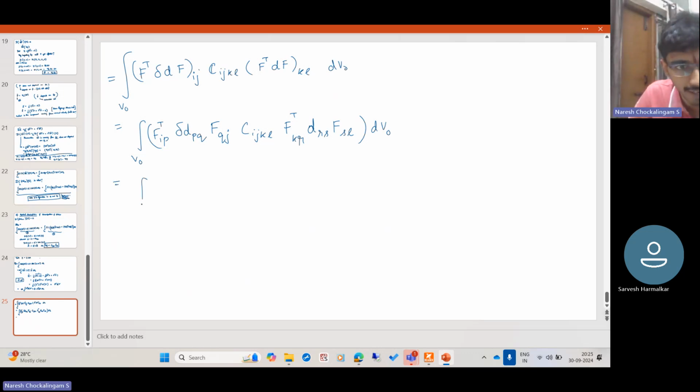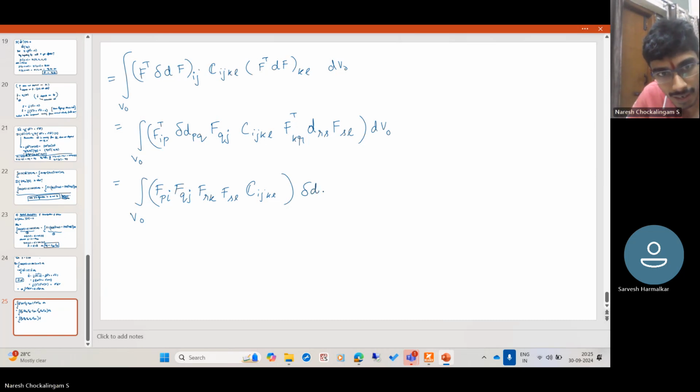So this is integral over the volume. F transpose IP is FPI, and FQJ. So F transpose KR is FRK, and this is FSL, and this is CIJKL. And what else we have?